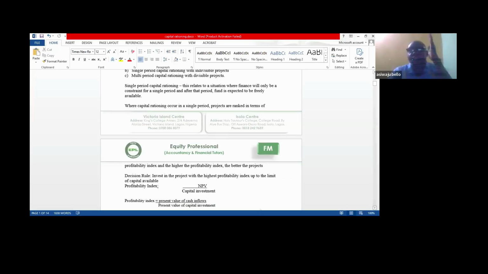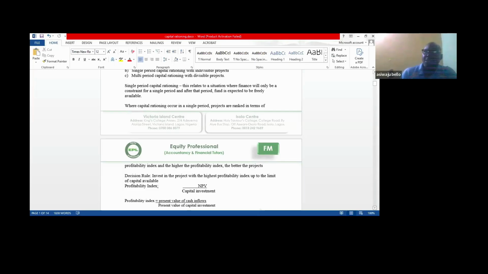Please note, if you are faced with single period capital rationing, projects will be ranked in terms of profitability index.